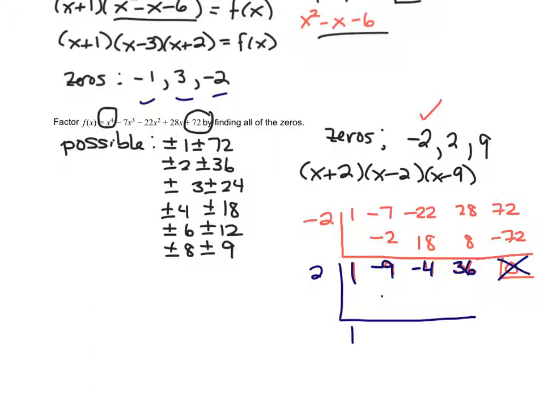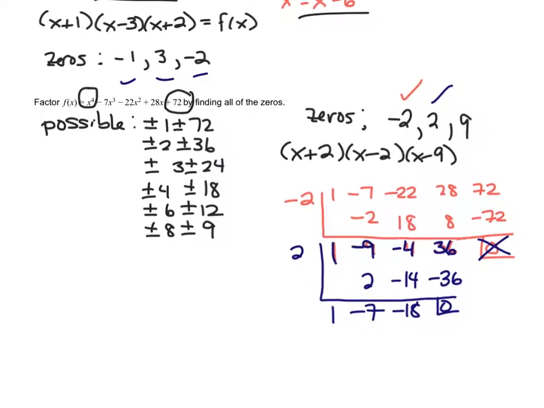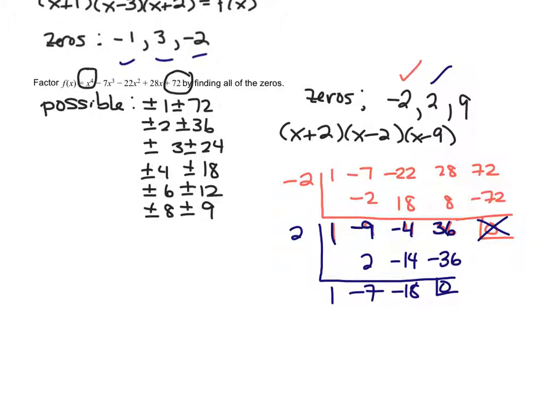So that's 1, 2, -7, -14, -18, and that gives me -36, and again, another remainder of 0. So I divided out the -2 and the 2. So now all that's left is to divide out the 9. So I'll have 1, 9, 2, 18, and 0.